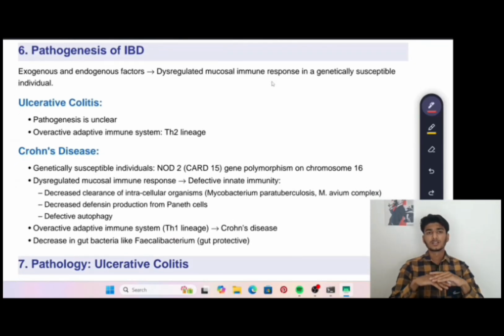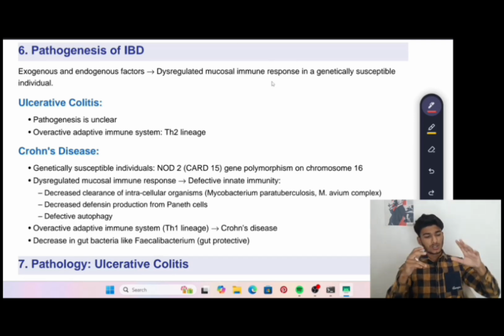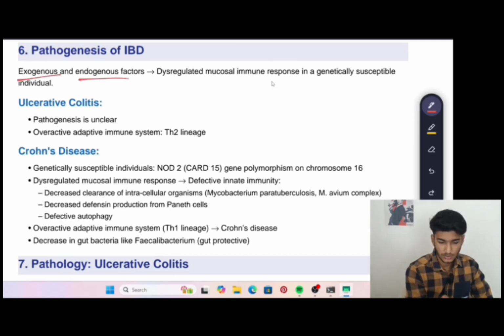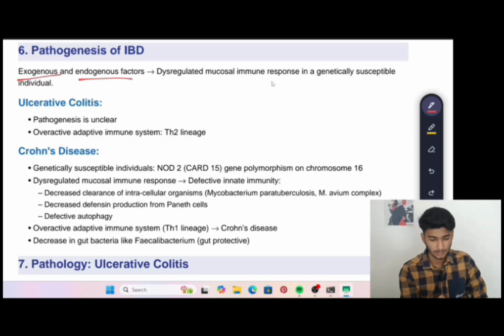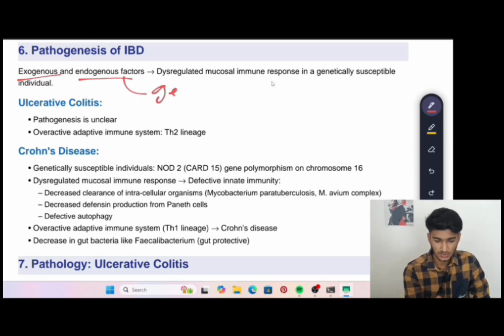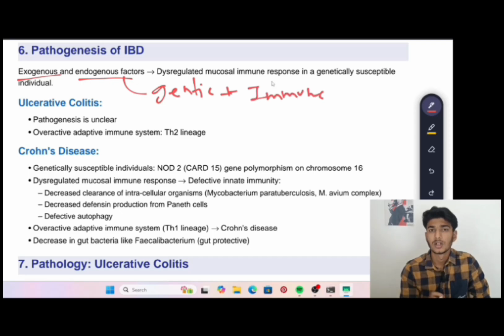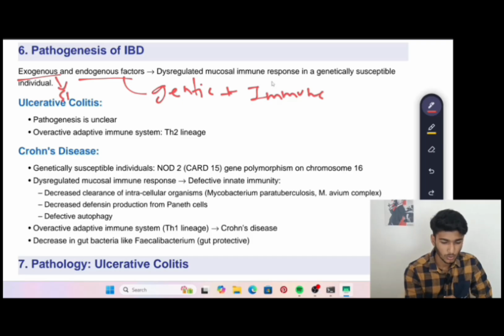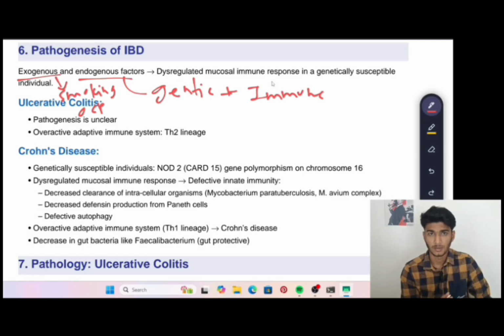And pathogenesis of inflammatory bowel disease. What is the pathogenesis? So basically, two factors are affecting them. First is the exogenous factor, then there is endogenous factor. And endogenous factor, basically the genes, the genetic factor, and the immune factor will be affecting this thing. And in exogenous, smoking, oral contraceptive pills, they will be affecting this inflammatory bowel disease.